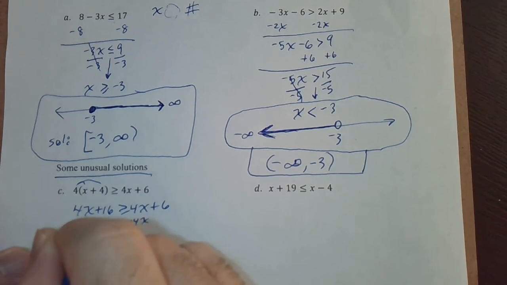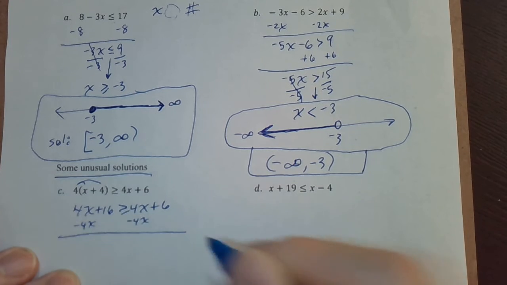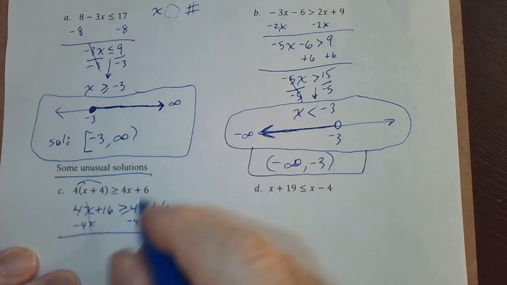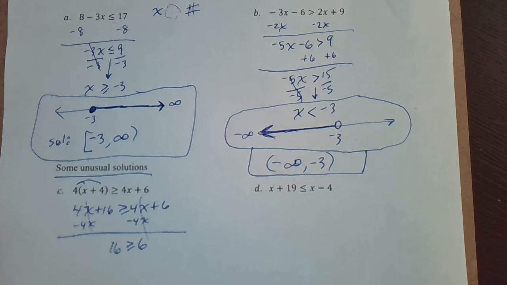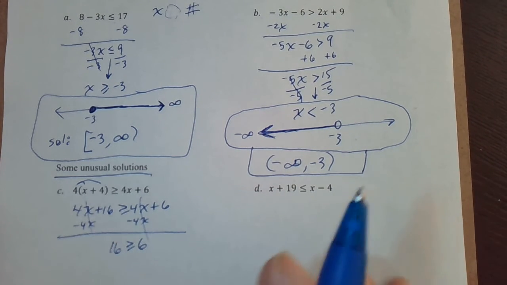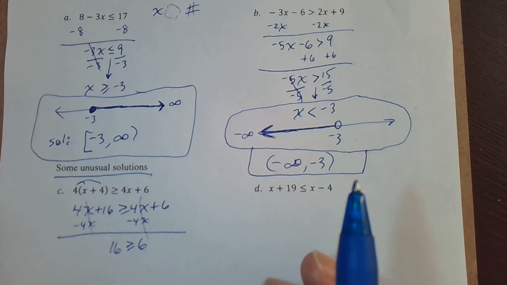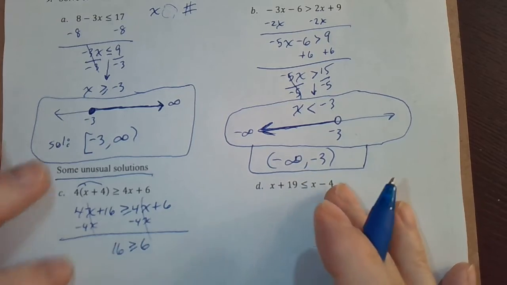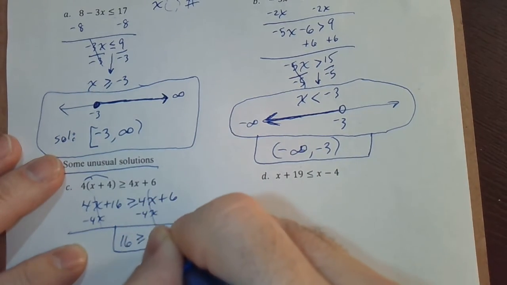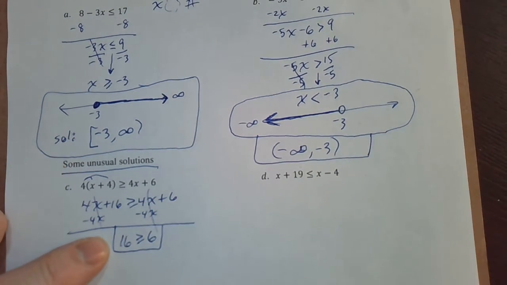Subtract 4x from both sides, and what happens? 16 greater than or equal to 6. The x's fell out of the inequality. Well, that happens once in a while. And what does that mean? Well, let me ask you this. Is this a true statement or a false statement?